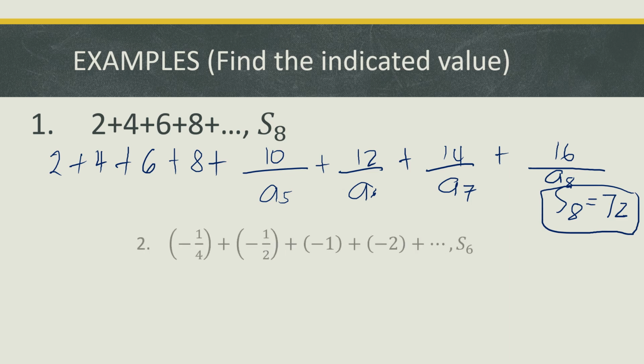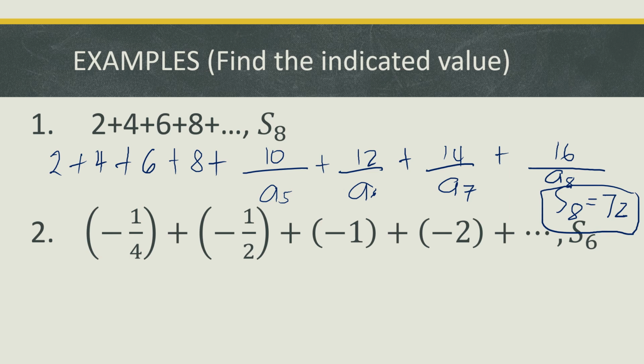Now, next example, we have negative 1/4 plus negative 1/2 plus negative 1 plus negative 2 plus, and so on, up to the series of 6 terms. For us to find the series of 6 terms, since we only have 4 terms, we need to find what the 2 next terms are.